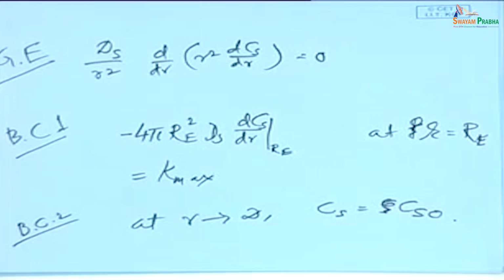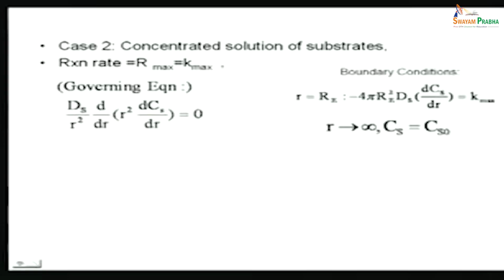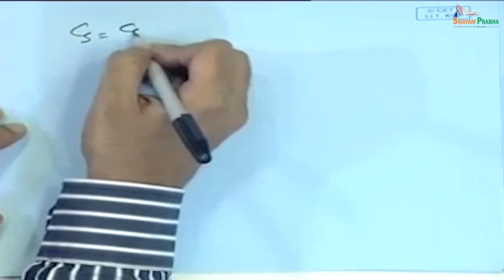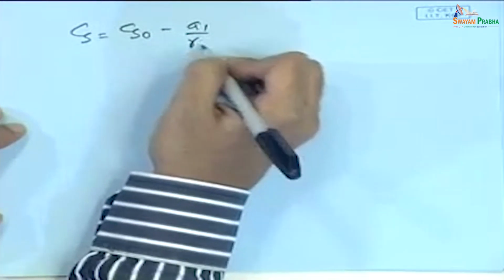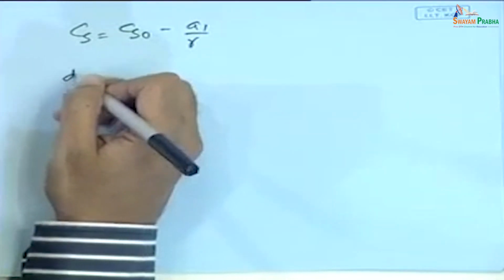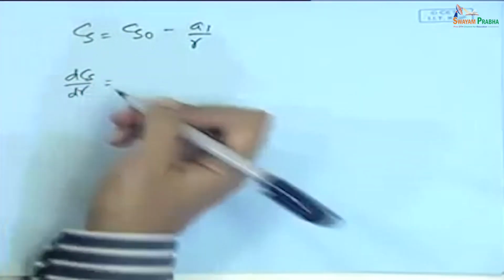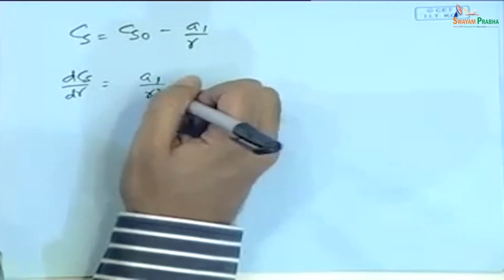Now you can quickly solve, it is the same thing. So Cs equals Cs naught plus A1 over r, and so dCs/dr equals minus A1 over r squared.